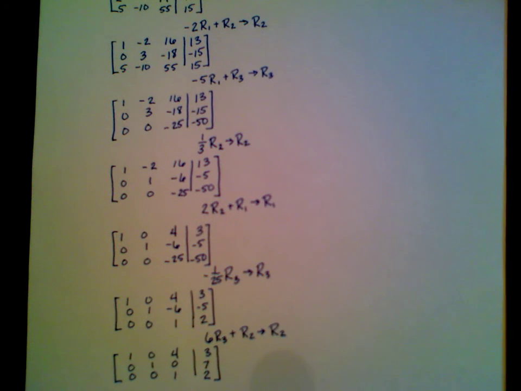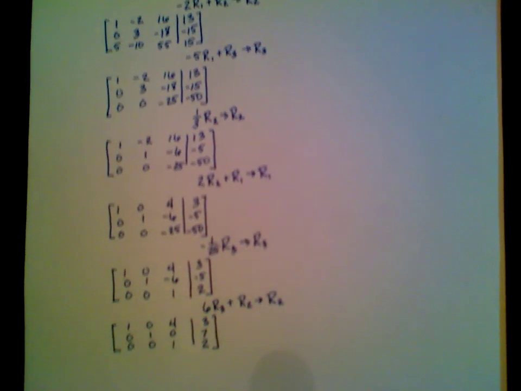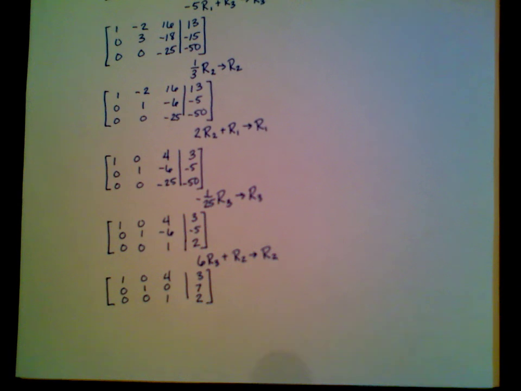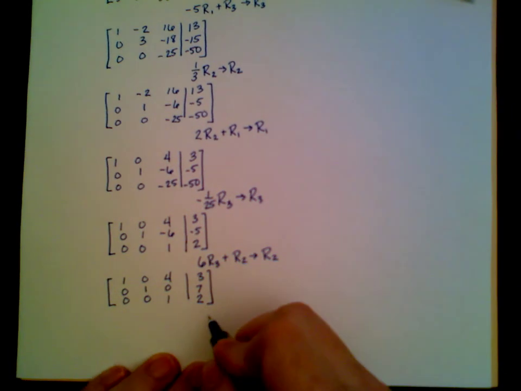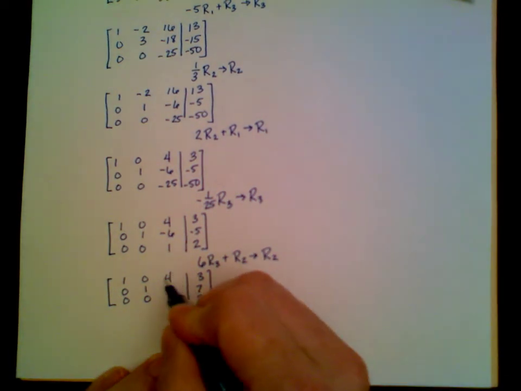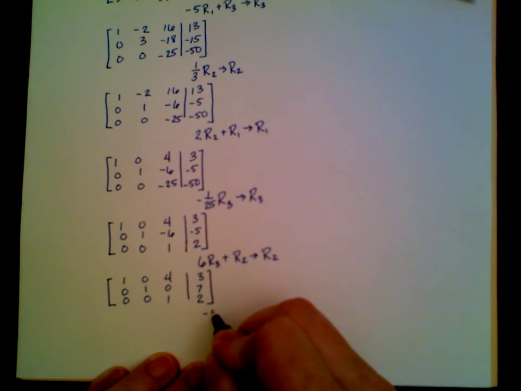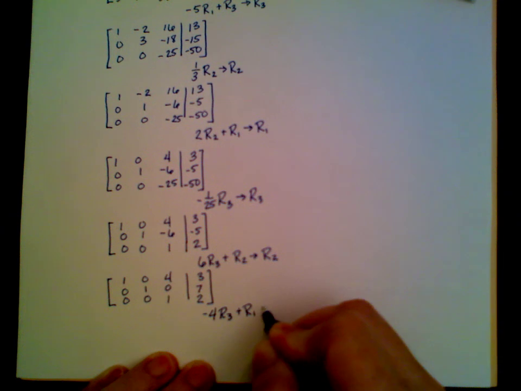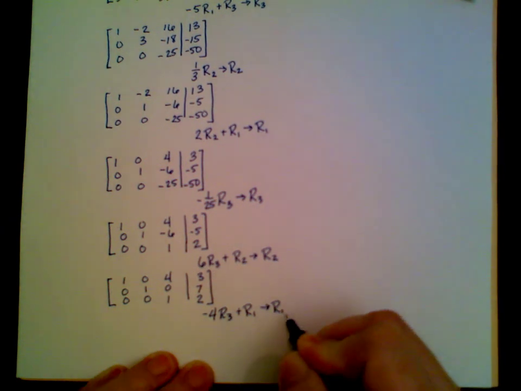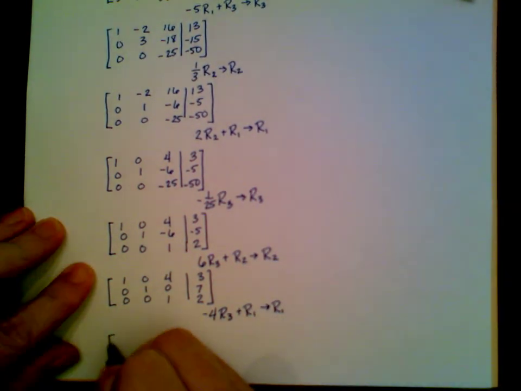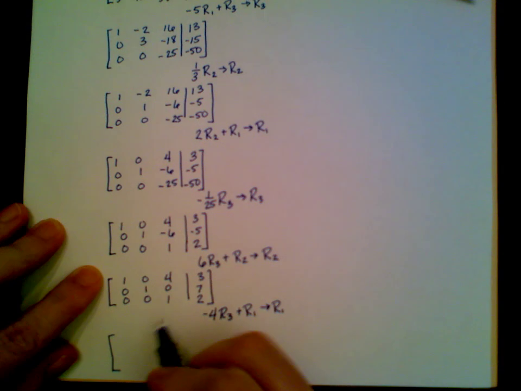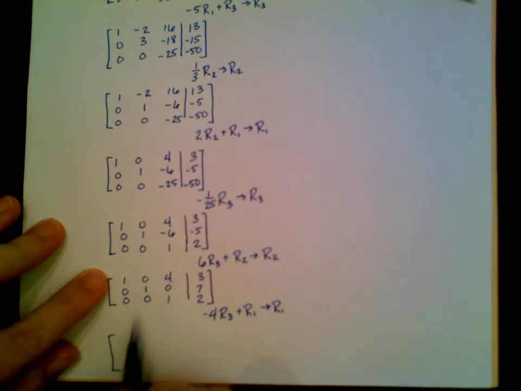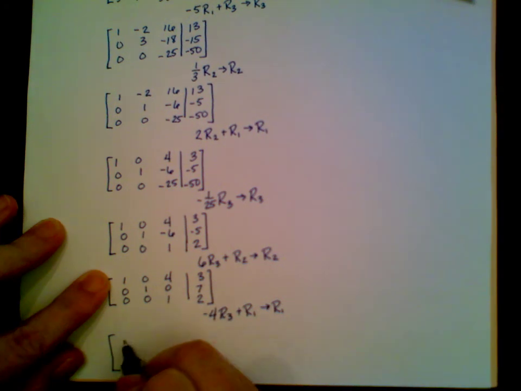All right, finally, I need to change this 4 into a 0, so I'll do negative 4 times row 3 plus row 1, store that in row 1, and the first two places aren't going to change again because these are zeros here.